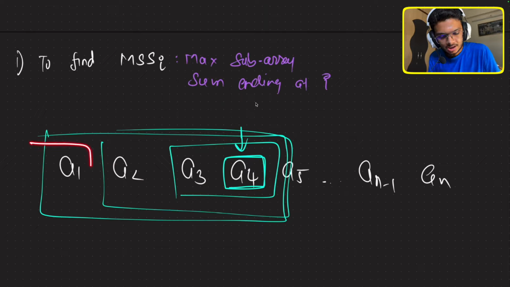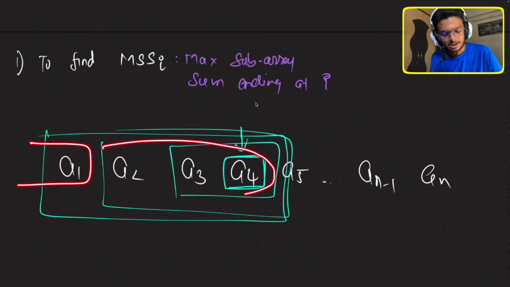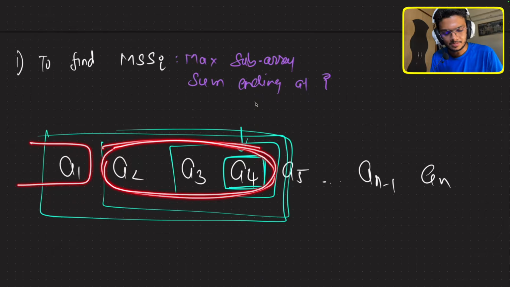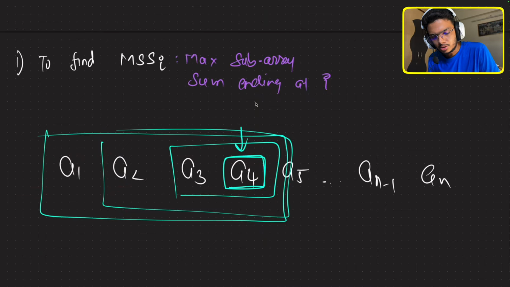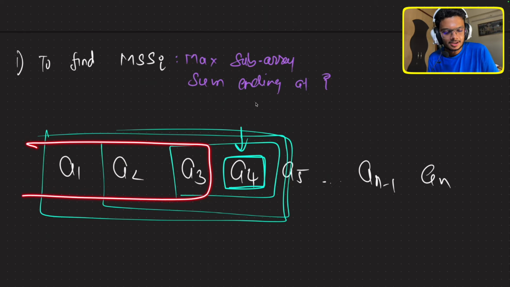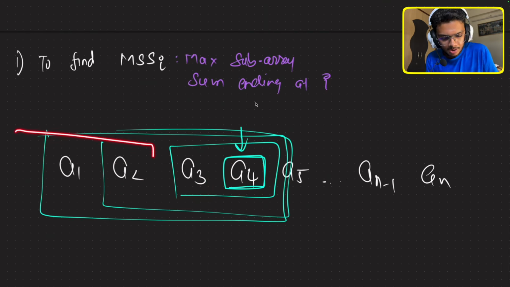Or by removing just A1, so the array will be A2, A3, A4. Or maybe you remove nothing, right? So if you want to find the maximum subarray sum ending at index 4, what are your options? Either remove all these three, or remove these two, or remove this guy, or maybe remove nothing.